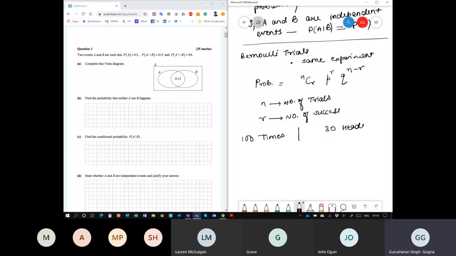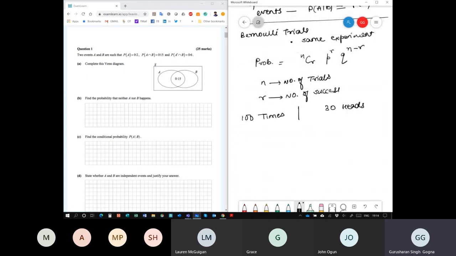So 30 times you want heads. So heads will be considered as your success. So n is 100 in this case. That's the number of trials. r is the number of successes. You want 30 heads, isn't it? So r is 30.